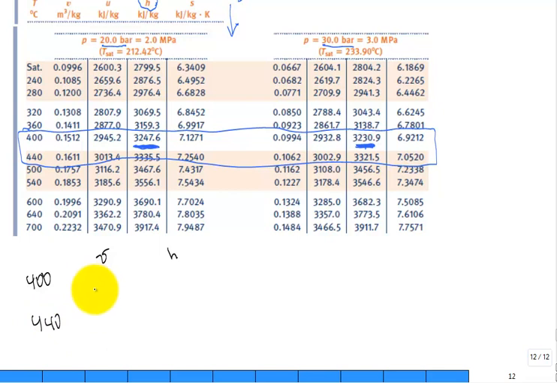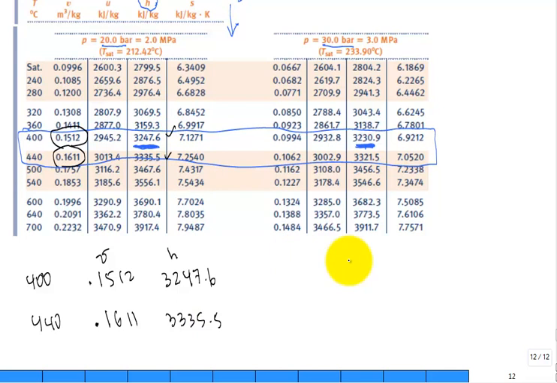So I'll just repeat those values. It's 0.1512 right here, and then 0.1611 from right there, and then our h value is 3247.6, and then 3335.5, just this value and that value.